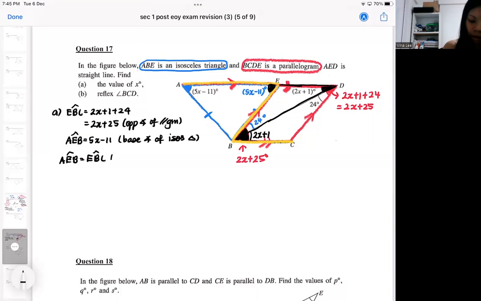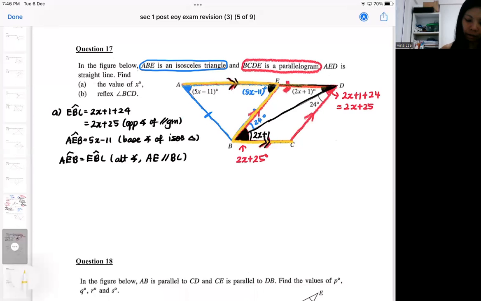Why are they the same? They are the same because of alternate angle, and the alternate angle came from AE parallel to BC. Or you can say AD, the whole line here is straight, so you can mention the whole line as well.